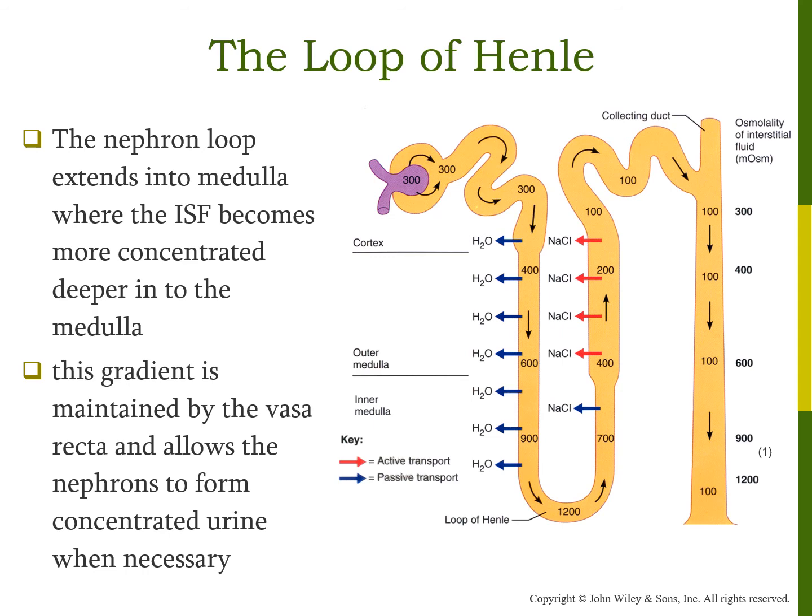However, the osmolarity, the solute concentration essentially, is the same as the plasma and initial filtrate because water reabsorption by osmosis was proportional to the reabsorption of solutes all along the proximal convoluted tubule.